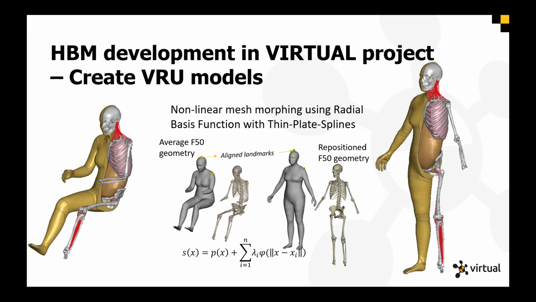So when morphing from a seated to a standing model, we will use the landmarks on the whole skeleton in the morphing process, as we want to make sure that the skeletal geometry remains constant. As in this case, we want to create a standing model of exactly the same average person as in the seated version. So currently, the derivative standing model is created by running a morphing script for about 15 minutes.